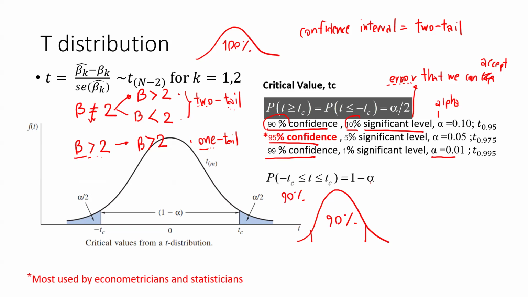And then we can accept 10% error, right? Because we have confidence only 90%, which means we have to divide 5% on the right and 5% on the left. So 90% here on the central, and then we accept 5% error on the right. We accept 5% error on the left.